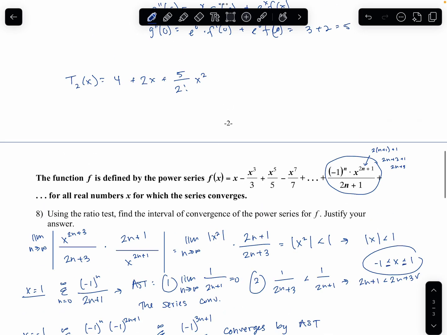And then for the general term, so if I take the 2n plus 1, again, this is the only term with x. All of this is a coefficient. So if I drop the 2n plus 1 by the power rule, the 2n plus 1 cancels. I'm just going to get 2n plus 1 minus 1, which results in just x to the 2n, and then we need the alternating part here.